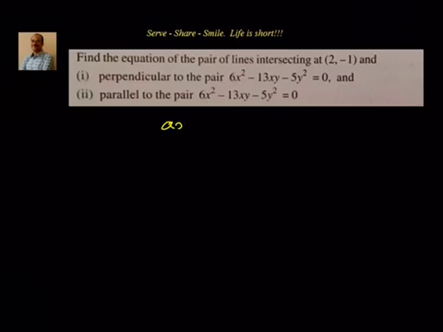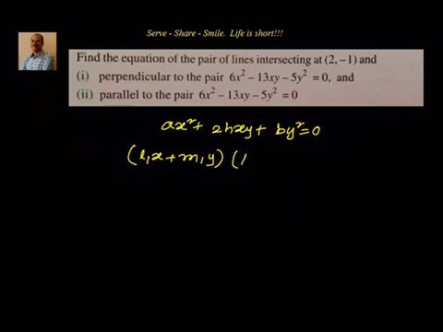Now we know that this can be written as the combined equation of two straight lines by L1x plus M1y multiplied with L2x plus M2y equal to 0.